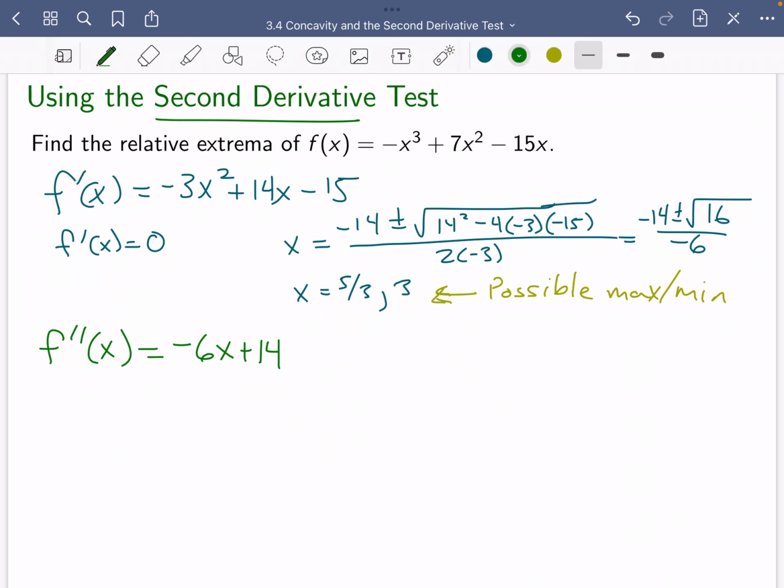So we are going to plug 5/3 into our second derivative: negative 6 times 5/3 plus 14. When we plug that in, we get positive 4, which is bigger than 0.